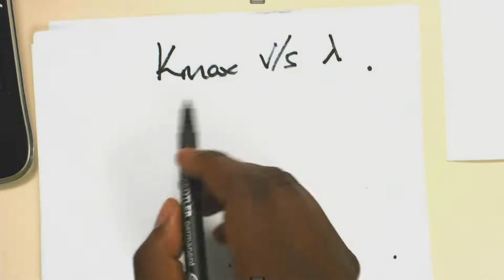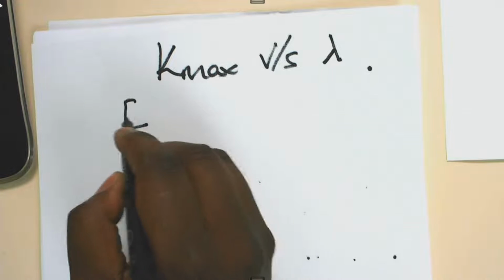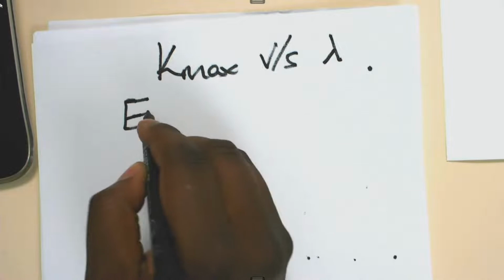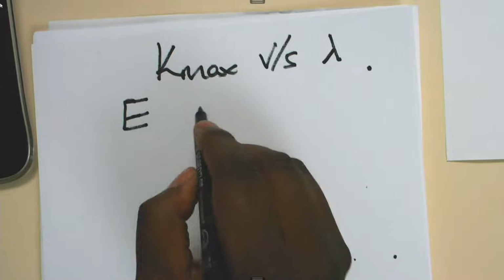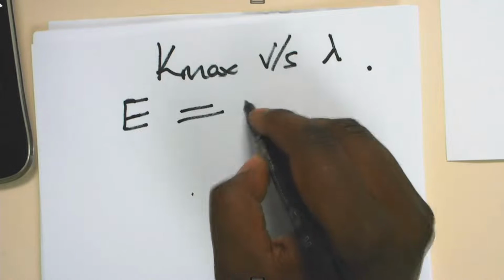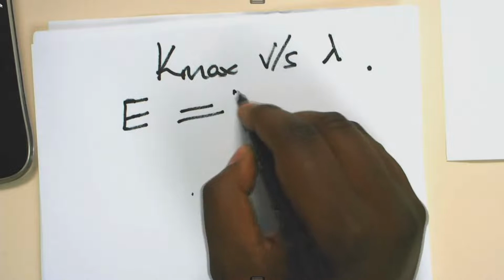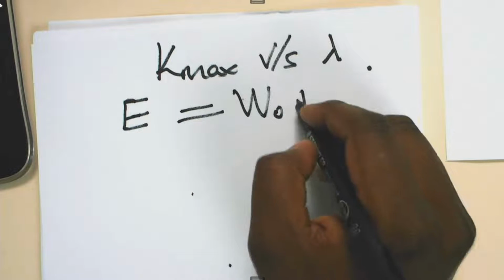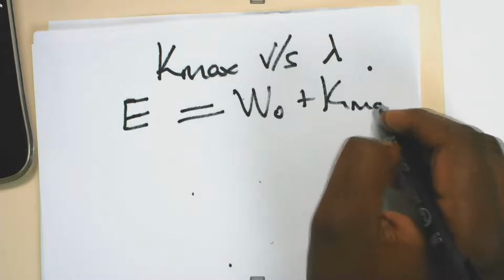So when we do this, we'll start first with what? With our photoelectric effect formula, which is E equal to work function plus kinetic energy max.